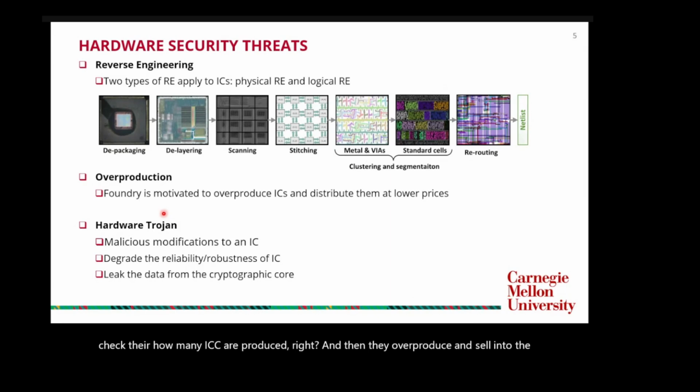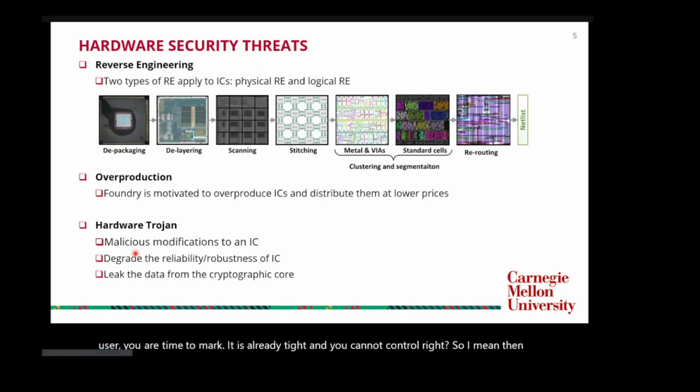And then there is an interesting hardware Trojan threat, right? This is very interesting. You try to embed a very small piece of logic, which is a malicious modification, into the IC, and you are a user, your time to market is already tight, and you cannot control it, right? They can degrade the reliability and robustness.